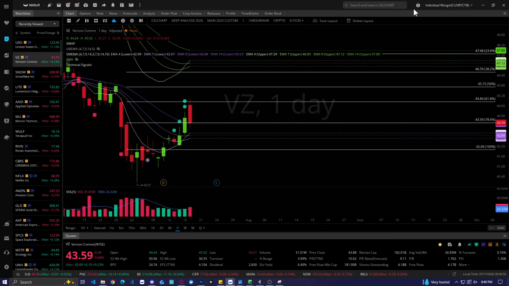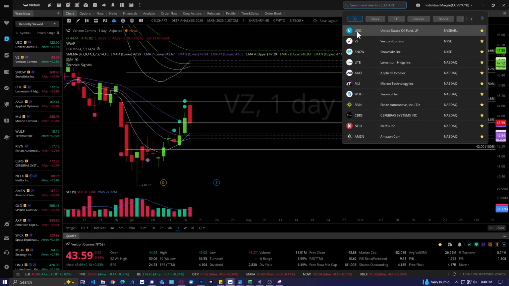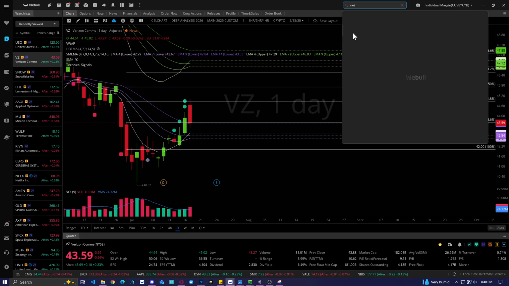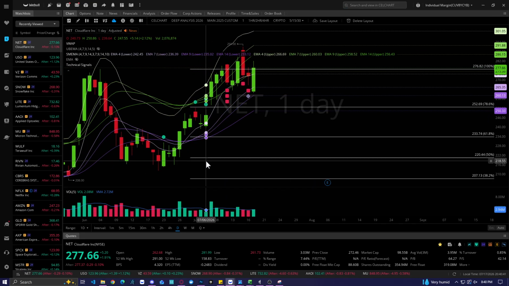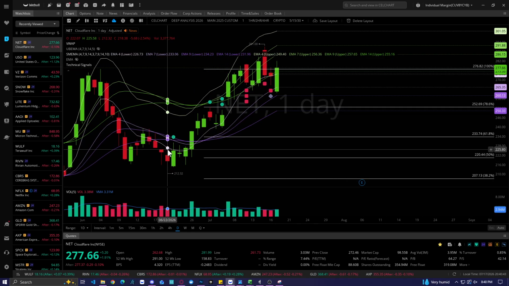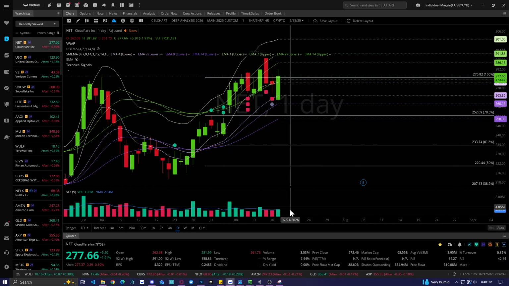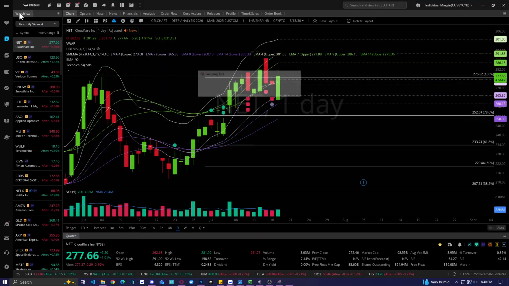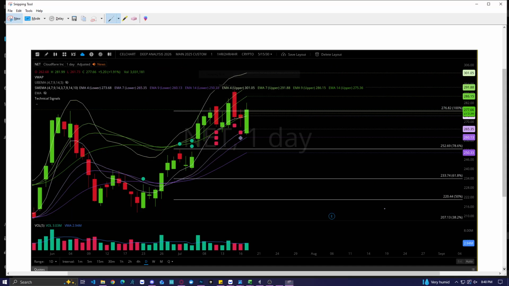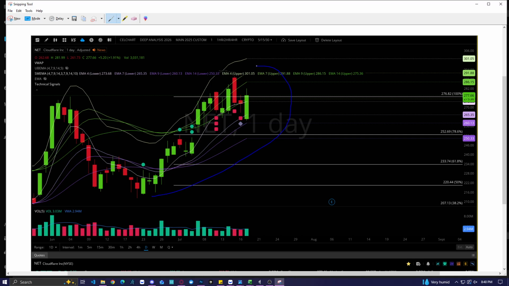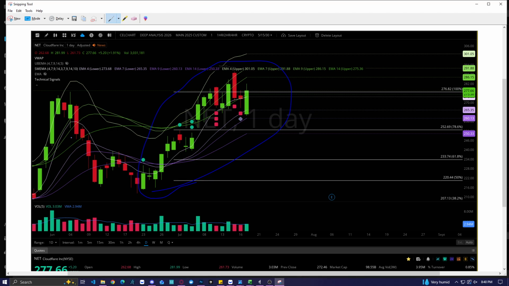I think a good example of this might be, what's that one stock called? Cloudflare. Let me see. So right here on Cloudflare, it ends up rallying on this massive trend, but it's because it actually had to come down.